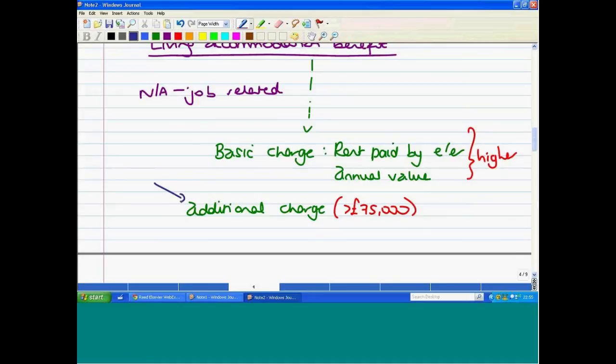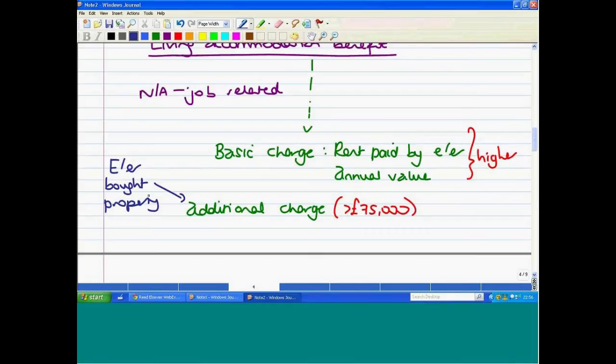However, the point that some students don't recognise is this is only applicable if the employer has bought the property. So if they are renting an expensive property on your behalf, you don't have an additional charge, you purely have the basic charge. So a lot of the time there will be marks available for the fact you haven't gone on and calculated the additional charge.